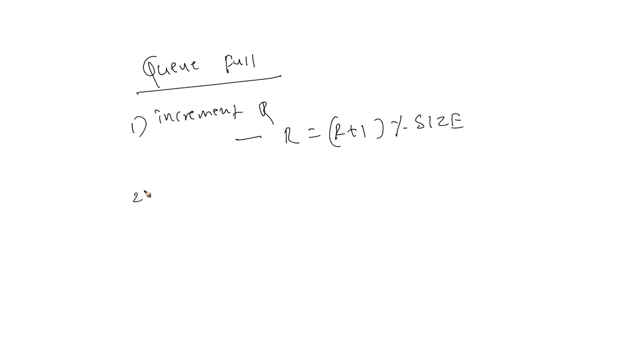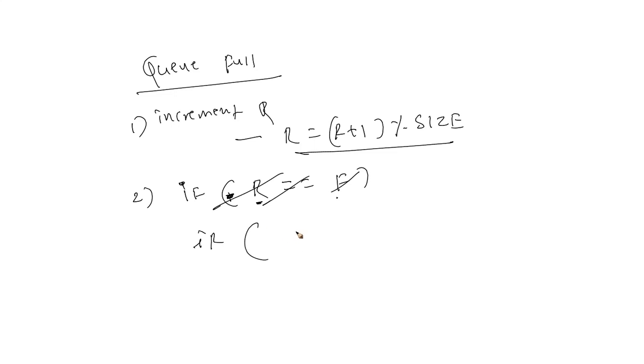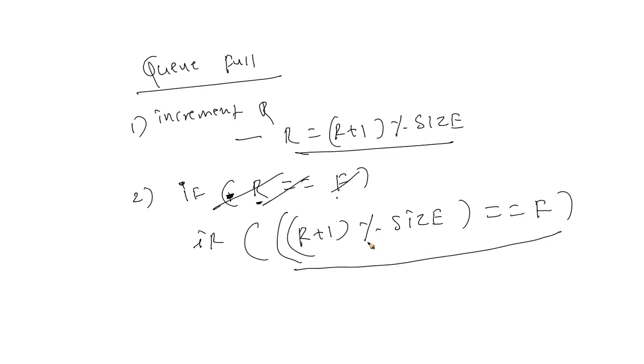Second step: if this incremented R is equal to F, that is, if R plus 1 mod size gives me an incremented R equal to F, if they are the same, then we say that the queue is actually full.